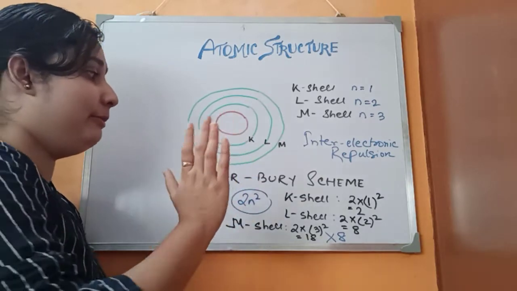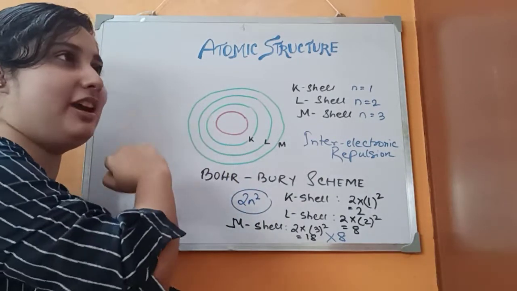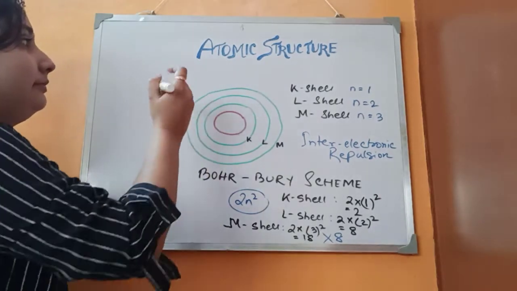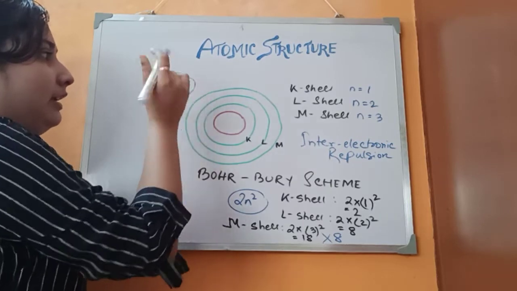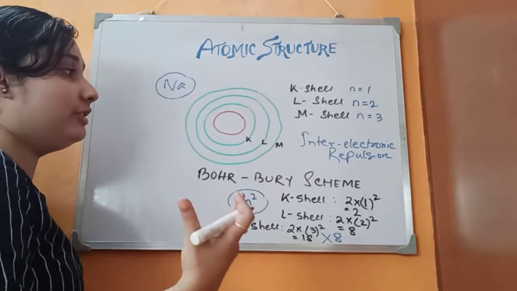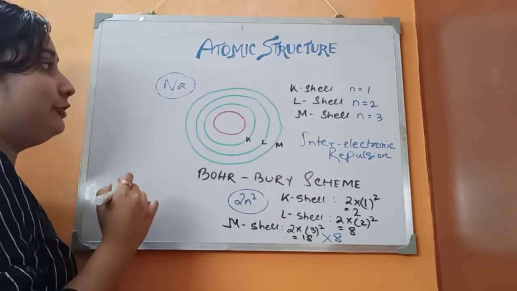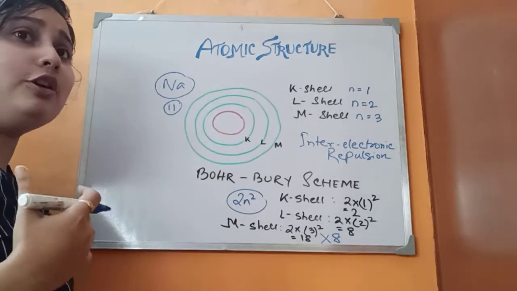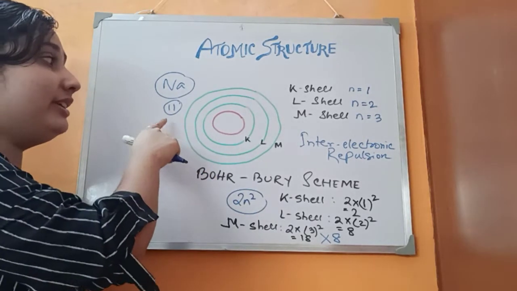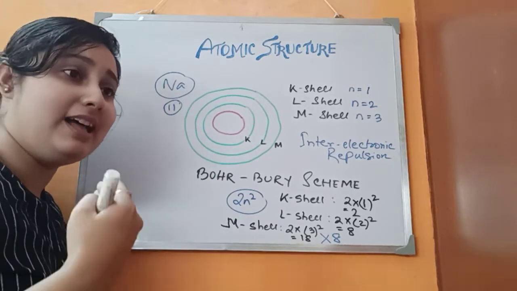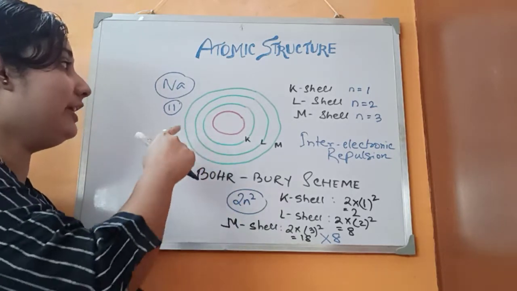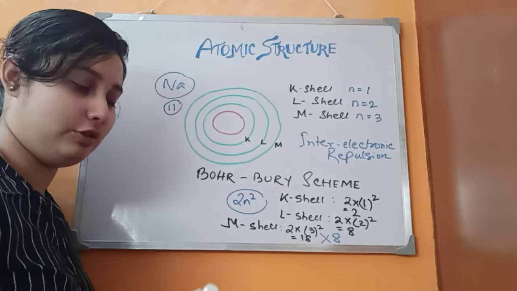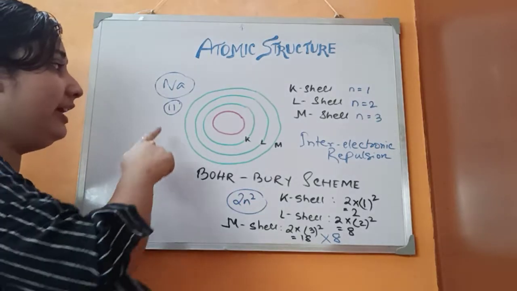Okay, so by knowing the Bohr-Bury scheme, let's start with one of the elements. I have taken here sodium. I'll show you the filling of electrons for sodium. Sodium has an atomic number of 11. So, atomic number 11 means sodium will have 11 protons. As an atom is electrically neutral, if it has 11 protons, then it will also have 11 electrons.